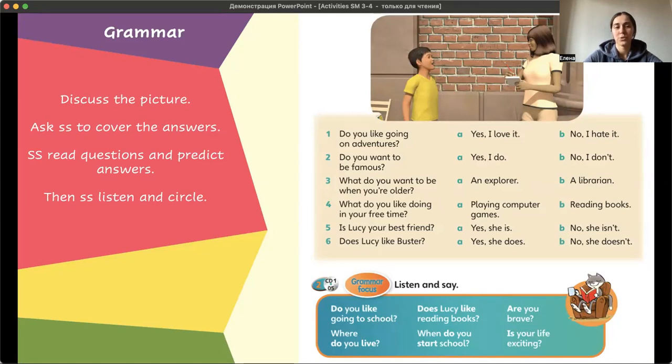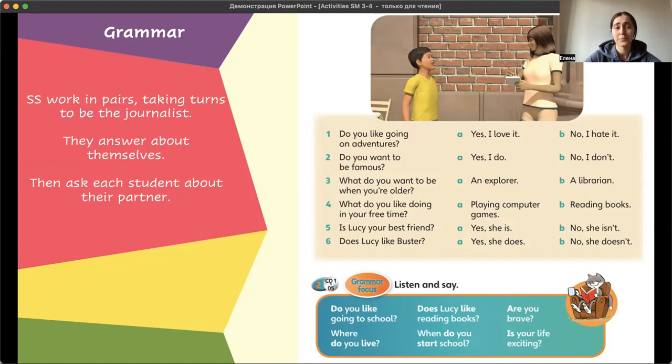Then we practice these questions, and they work in pairs. Some of them are journalists, some of them are interviewed people, and they answer about themselves. And then after these dialogues, each student tells about their partner.